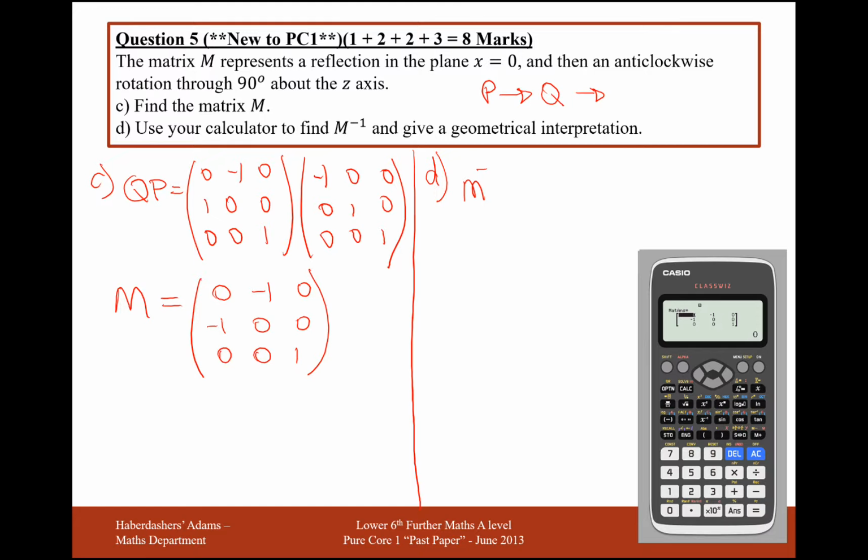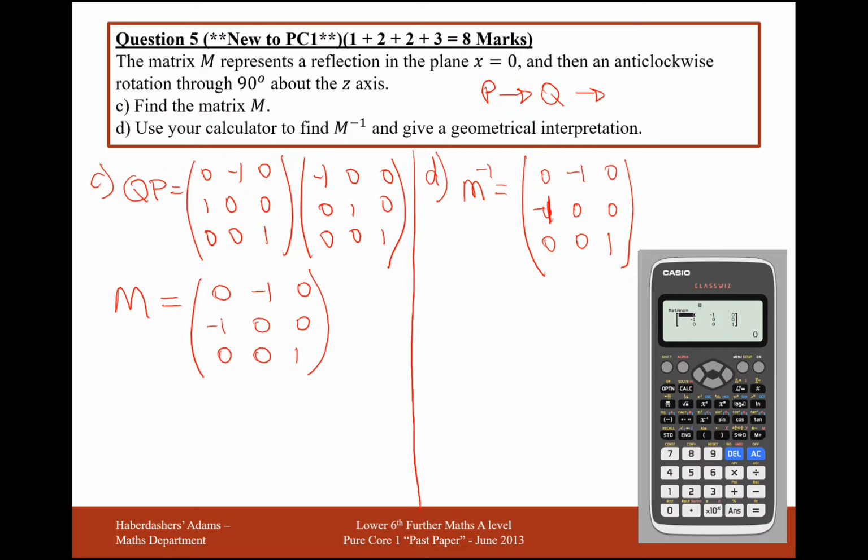So M inverse is 0, -1, 0, -1, 0, 0, 0, 0, 1. That's exactly the same as the matrix M.